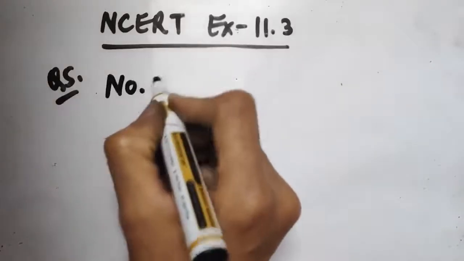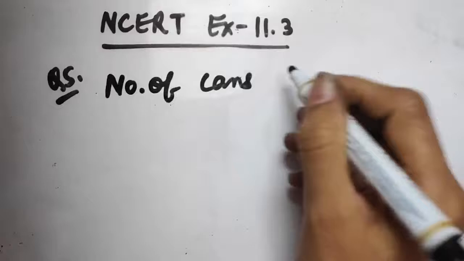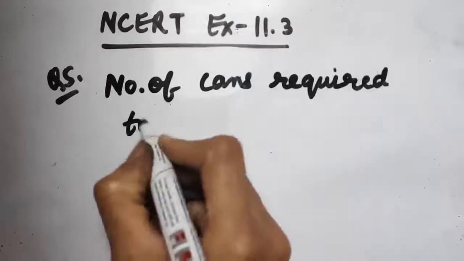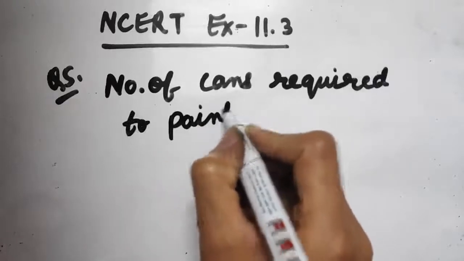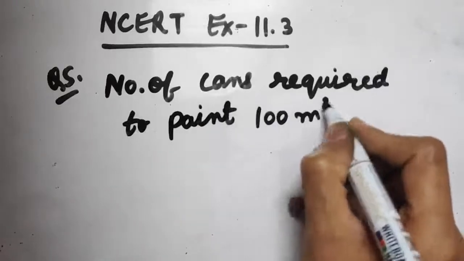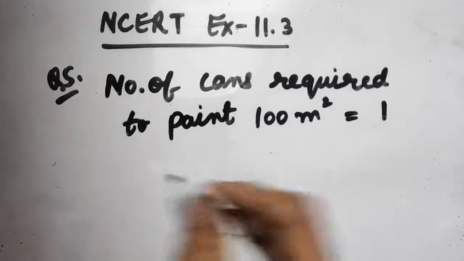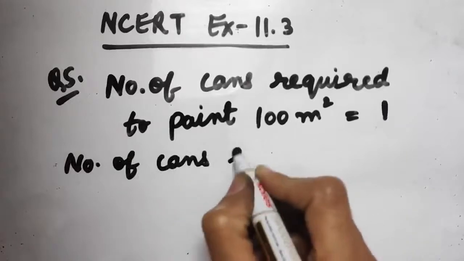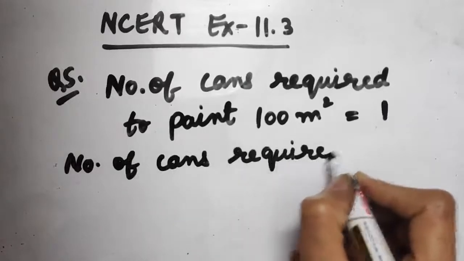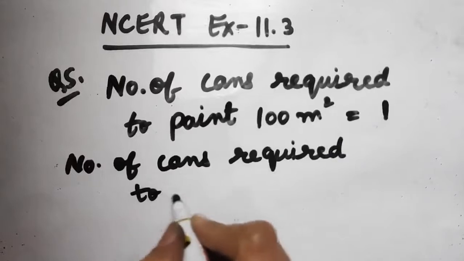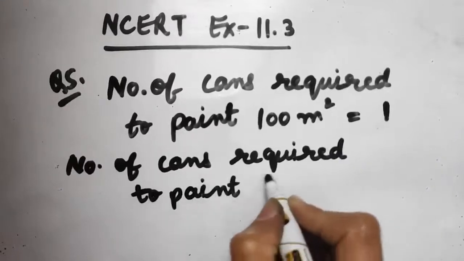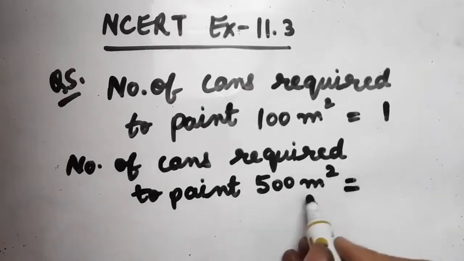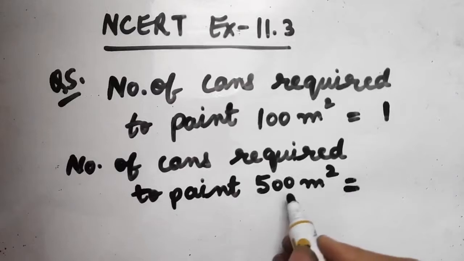Number of cans required to paint 100 meters square is equal to 1, as it is given to us in the question. So number of cans required to paint 500 meter square area, we have calculated the area of 4 walls plus ceiling, that is 500 meter square.